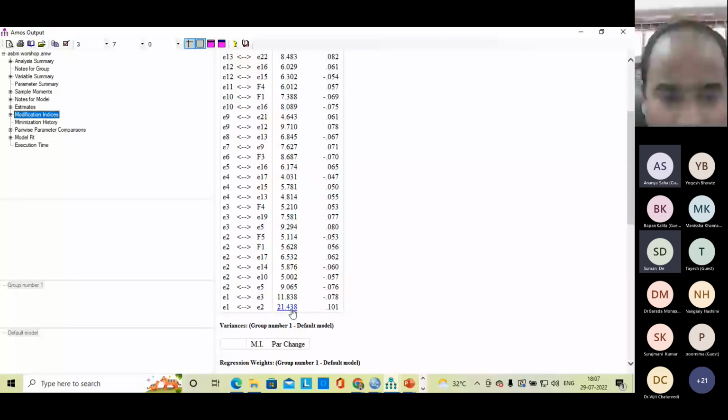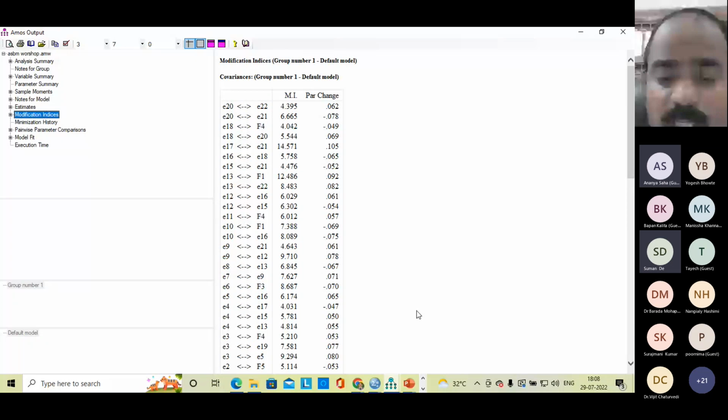It's a very good thing. E1 to E2. Please remember, these two are under one construct, that is F1. And this is positive and the highest value, 21.438. The modification index is 21.438, which is positive. So E1 to E2 we can relate.